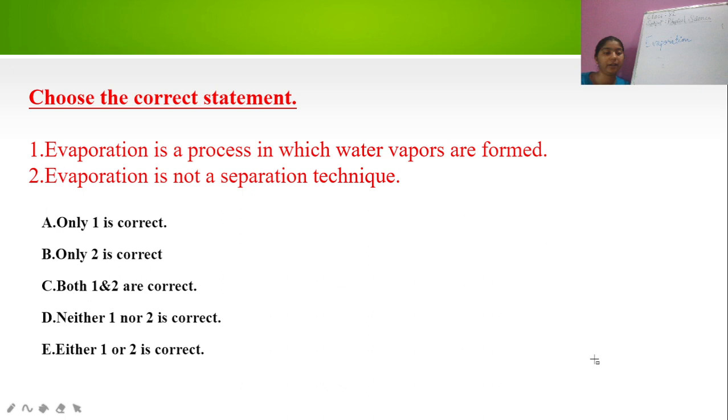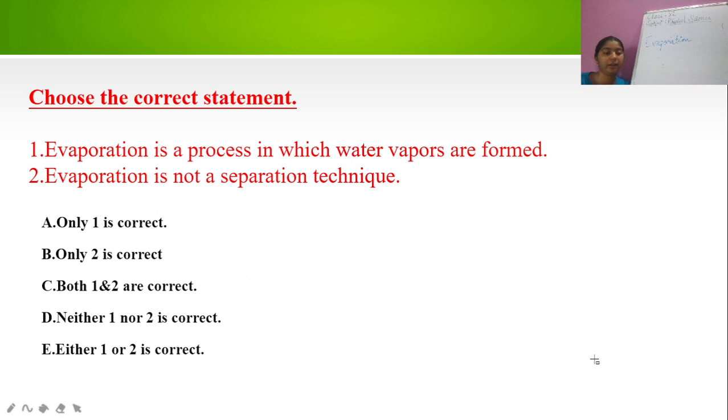Yes, students, very good. So therefore we can say that the option which is going to be correct, we know that only one is correct, right? Because students, evaporation is a technique in which water vapors are formed. So this is a correct statement, right?